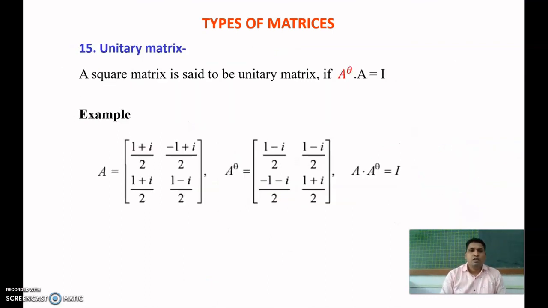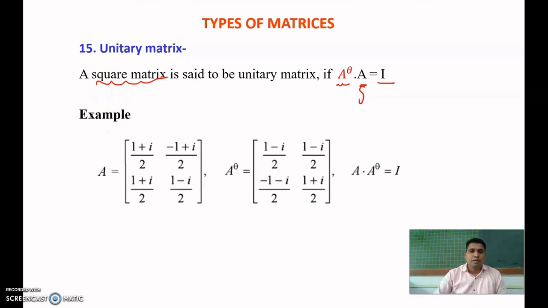Now the next type, which is the unitary matrix. Here, the transpose of the conjugate matrix multiplied with the given matrix gives the identity matrix. If this condition is satisfied, then our given matrix is a unitary matrix. There is another condition: the given matrix should be a square matrix.